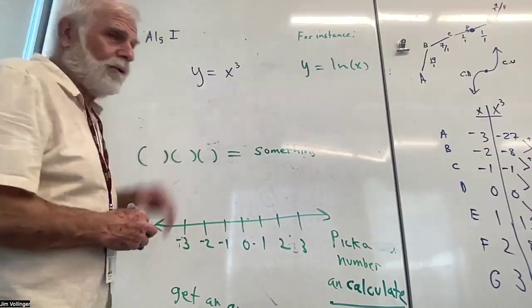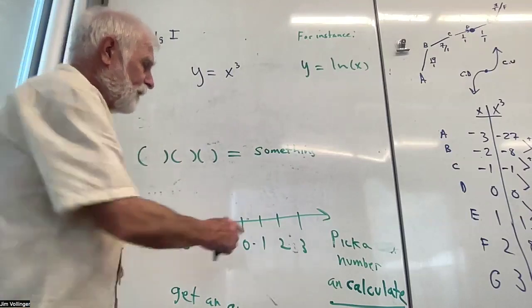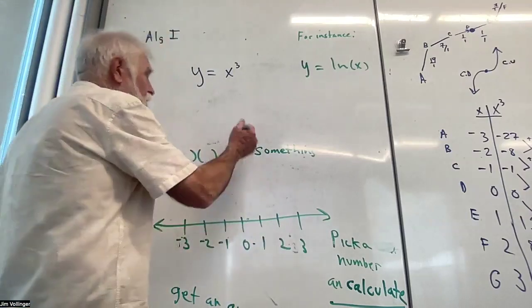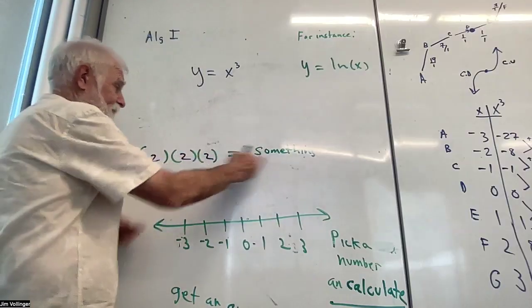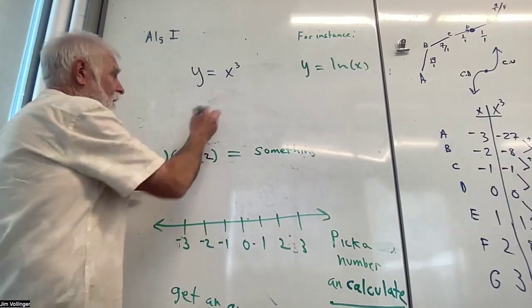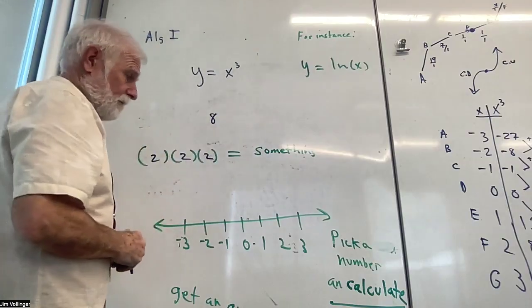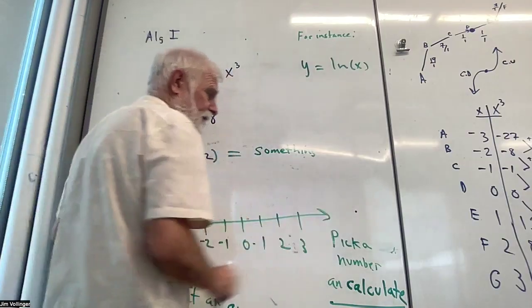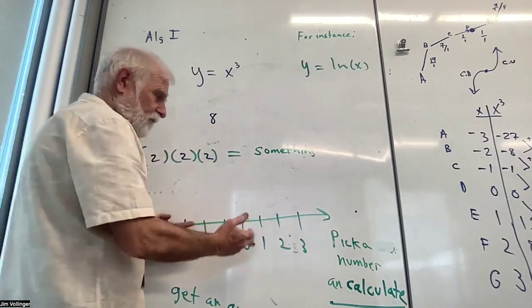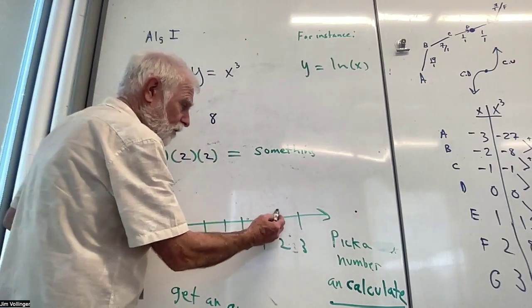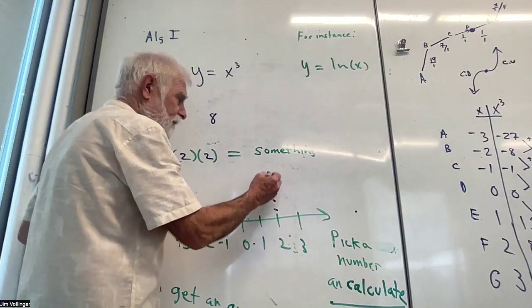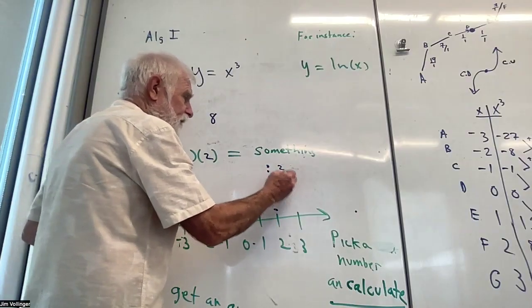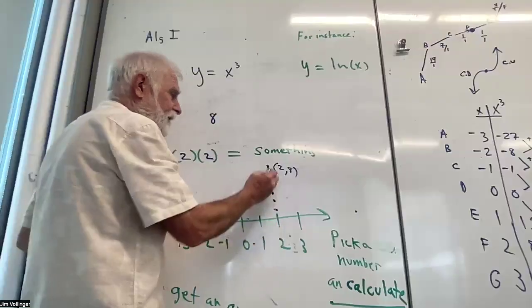So y equals x cubed is a calculation. And if we pick a number, 2, we do 2 times 2 times 2. Look, I picked something and I did the calculation and I get 8. Well, if I put a dot at 8, you'll never know what number I started with. So what we do is we go up 8 units. 1, 2, 3, 4, 5, 6, 7, whatever. And we say I started with 2 and I got 8 as an answer.